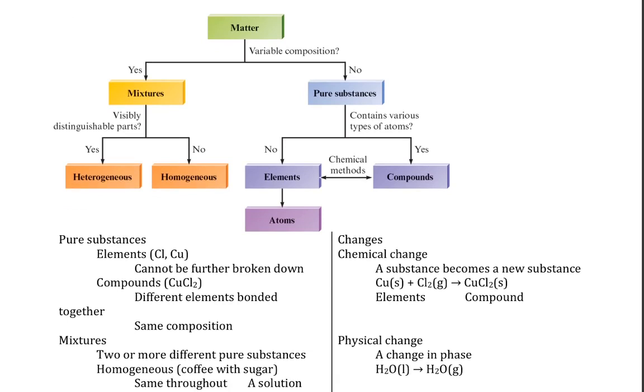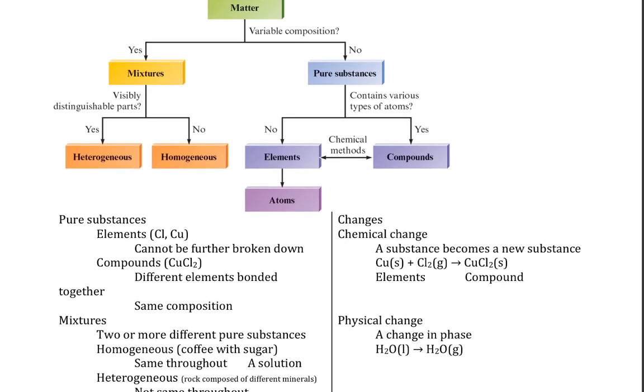Another is to classify it as mixtures or pure substances. So we have a flow chart there where we have matter at the top, and matter is either mixtures or pure substances. Let's go to the pure substance side.